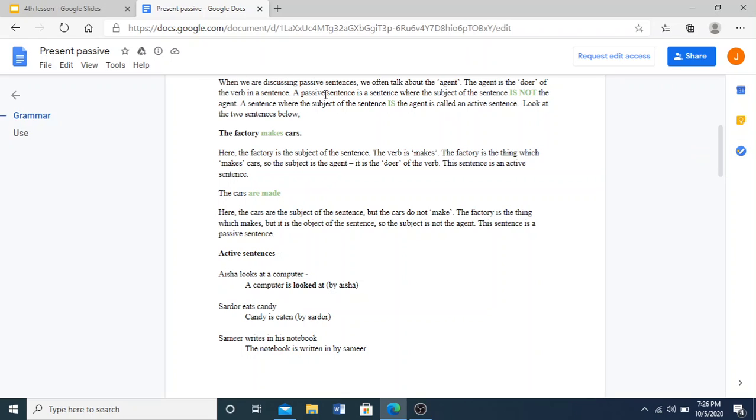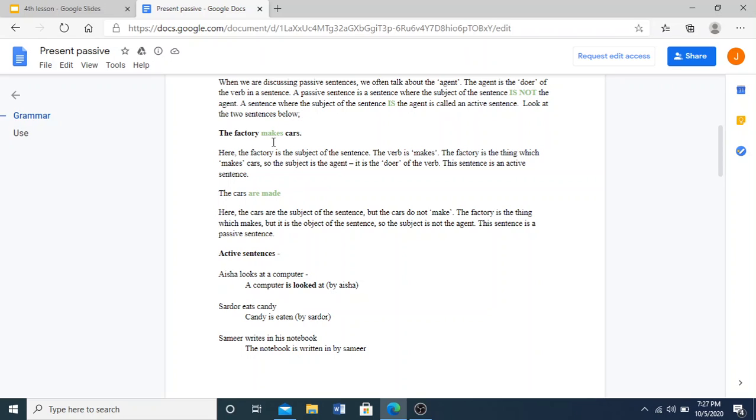When we are discussing passive sentences, we often talk about the agent. The agent is the doer of the verb in a sentence. A passive sentence is a sentence where the subject of the sentence is not the agent. A sentence where the subject of the sentence is the agent is called an active sentence. Look at the two sentences below.